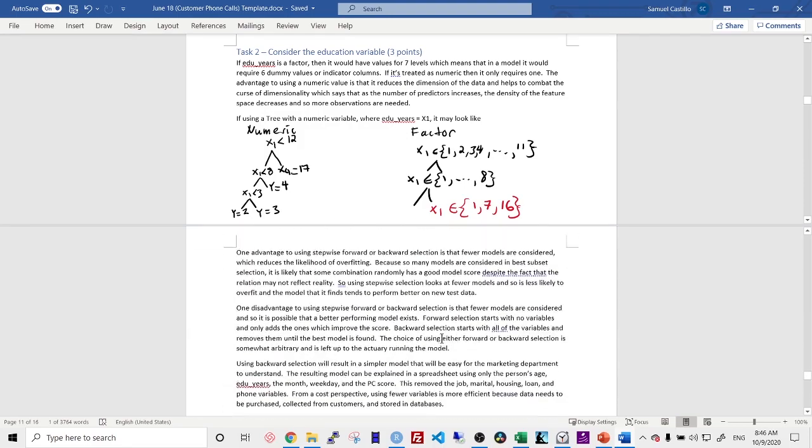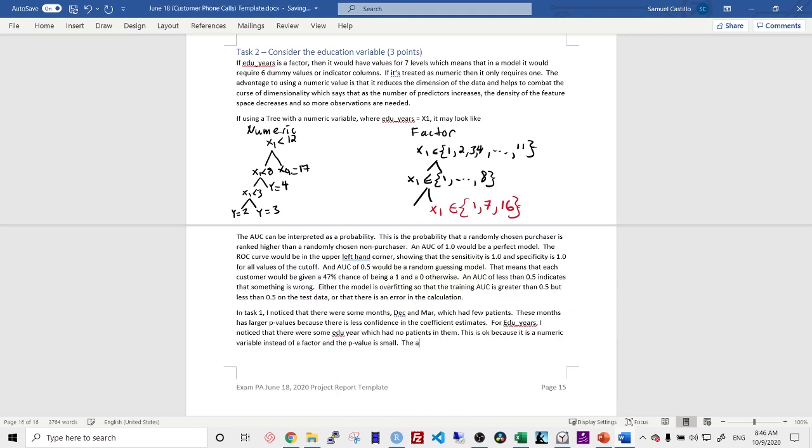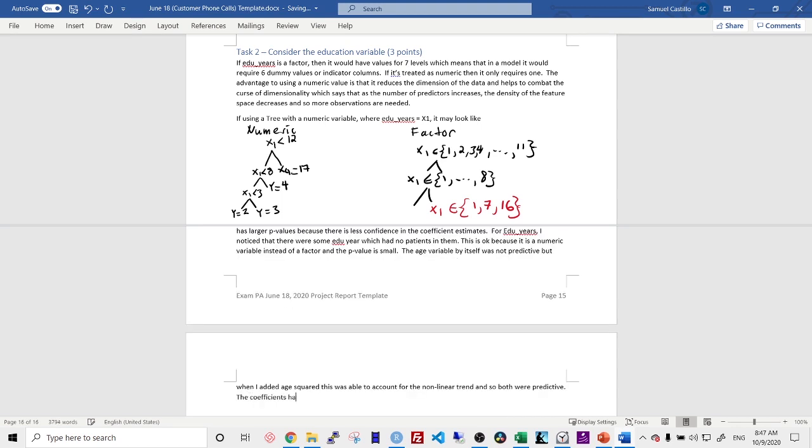However, when I added in age squared, suddenly it became predictive. The age variable by itself was not predictive, but when I added age squared, this was able to account for the nonlinear trend, and so both were predictive. The coefficients have opposite signs indicating the change in direction.